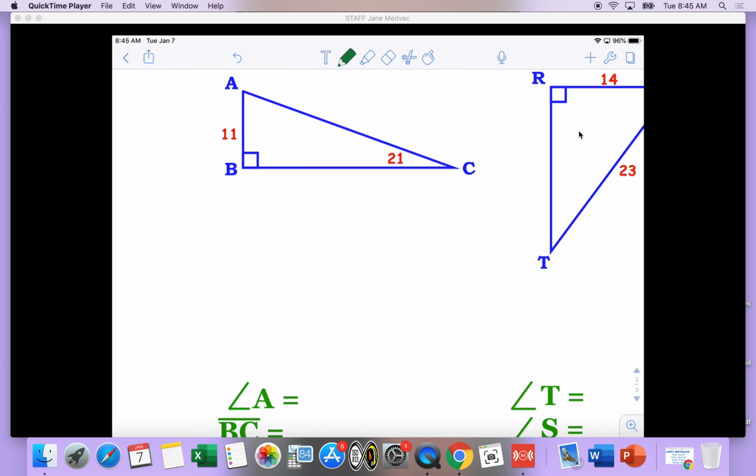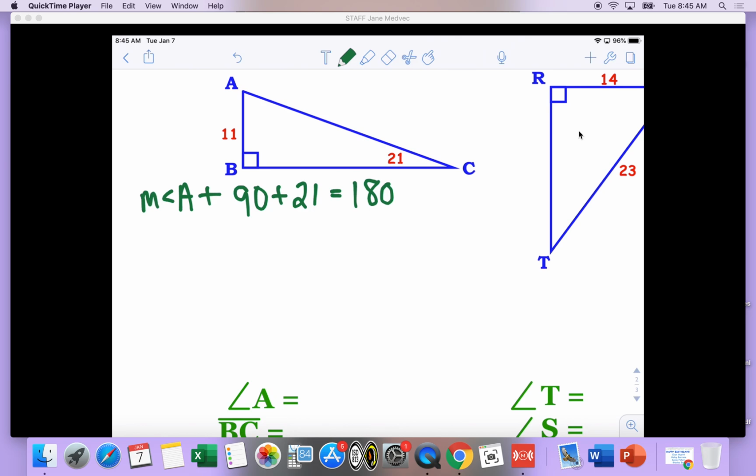Okay, so let's look at angle A first. What could we do to find the measure of angle A? Use the angle sum postulate? I can. So I'm going to take the measure of angle A plus the measure of angle B, which is 90, plus C, and that equals 180 degrees, because in any triangle, I add up the angles and I get 180 degrees.